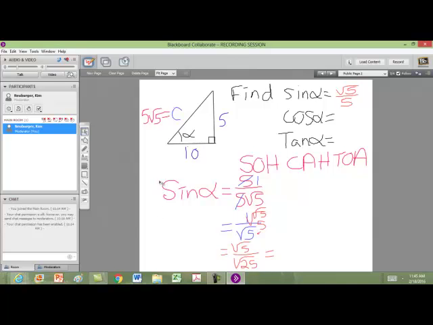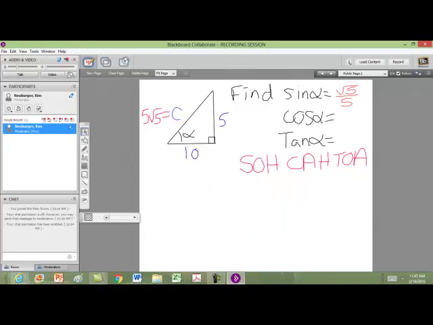How about our cosine? Let's go ahead and take a look at that. Cosine of alpha is going to be your adjacent, which in this case is 10, over the hypotenuse, which is 5 root 5. So let's take a look at that.